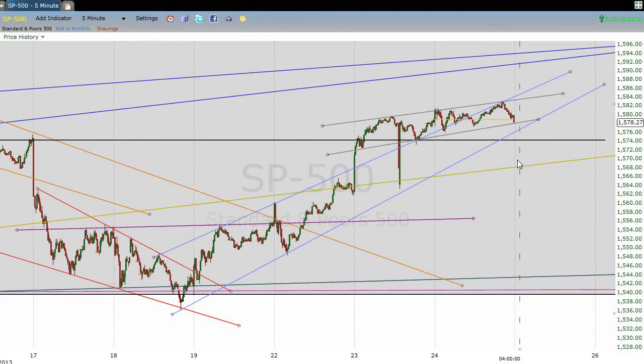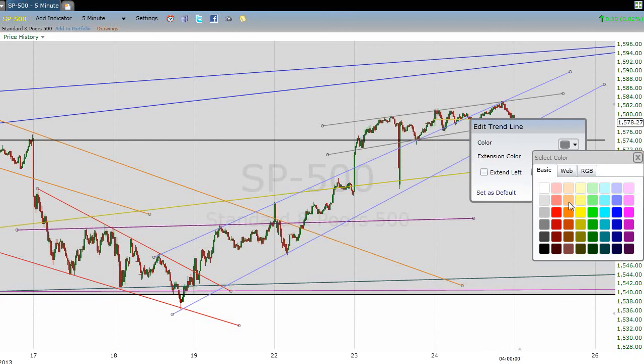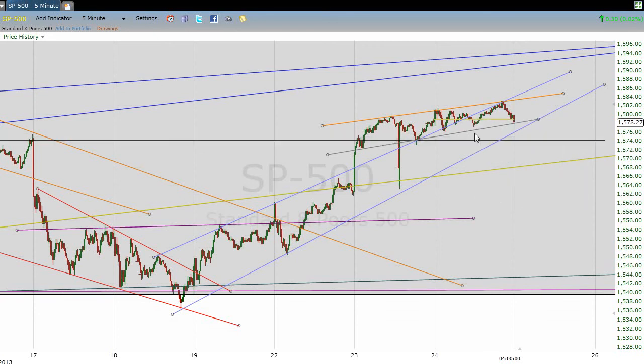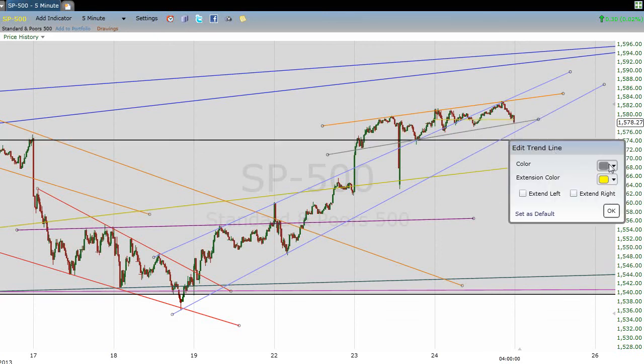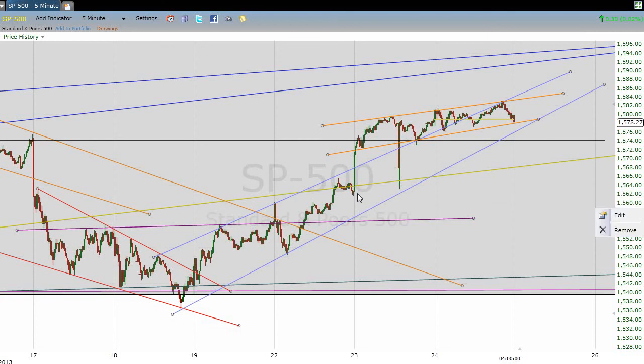So it looks like we may be setting up another test of this line, and it would be predicated on the breaking. I'm going to make this orange. I don't know, just no particular reason. So we got this little orange pattern here that's kind of like what we've called in the past a typhoon flag.